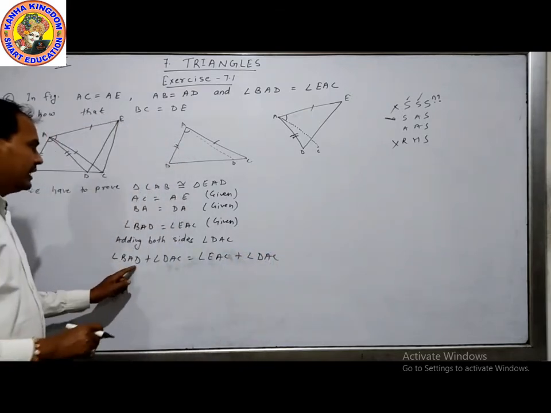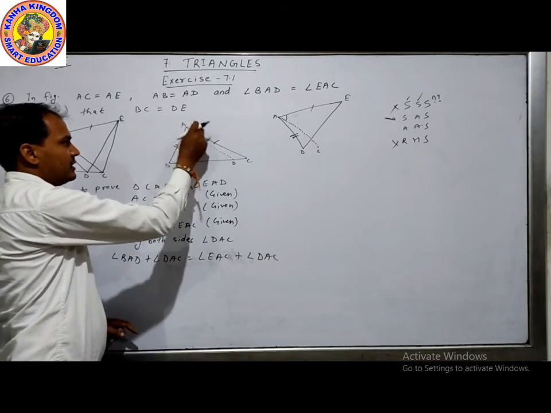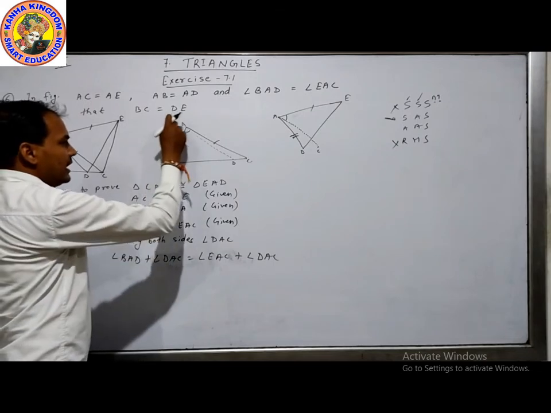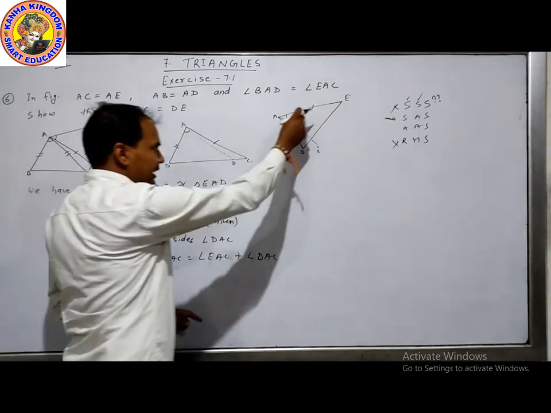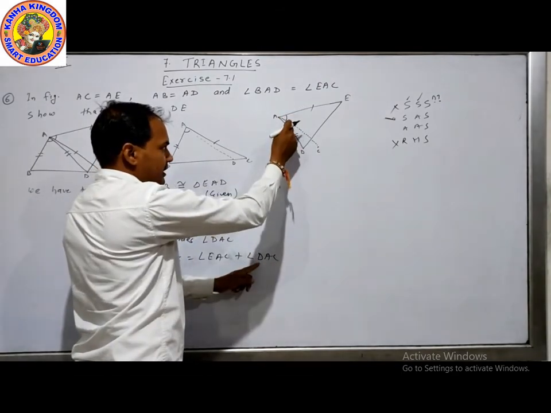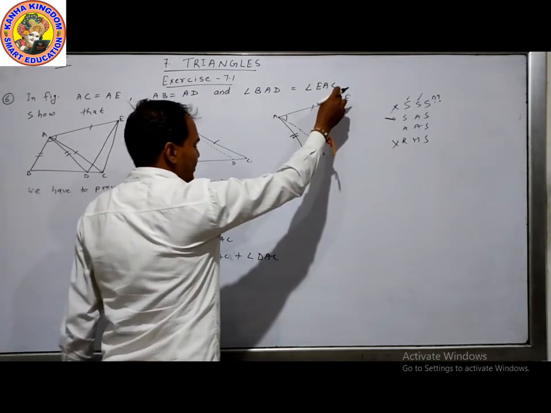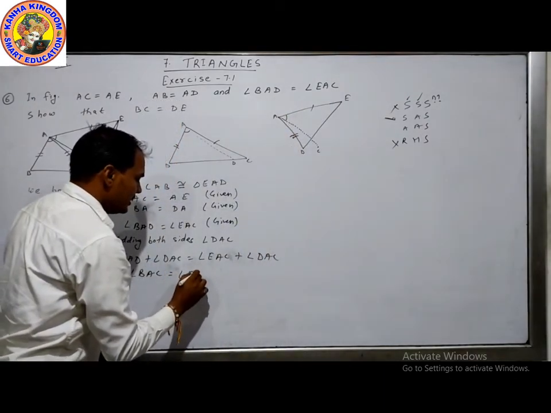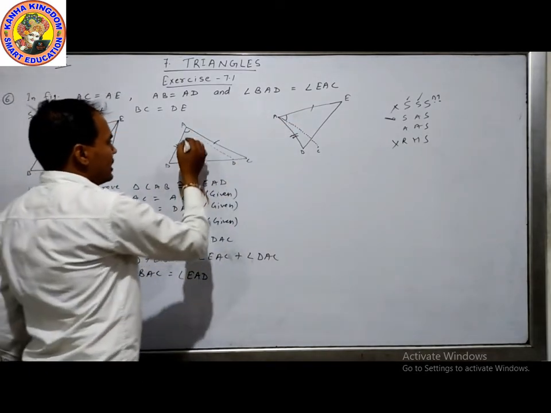The complete angle is BAC, which is equal to, in the second diagram, EAC plus DAC, the complete angle EAD. These two angles are equal.